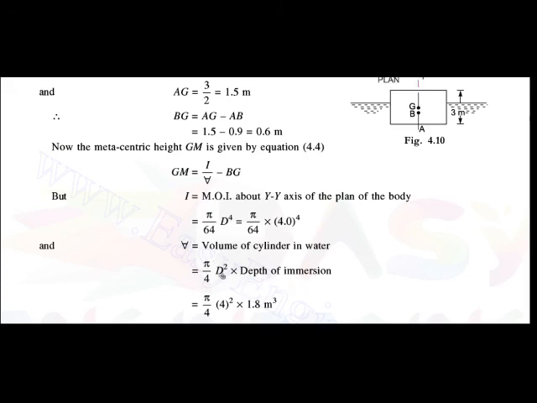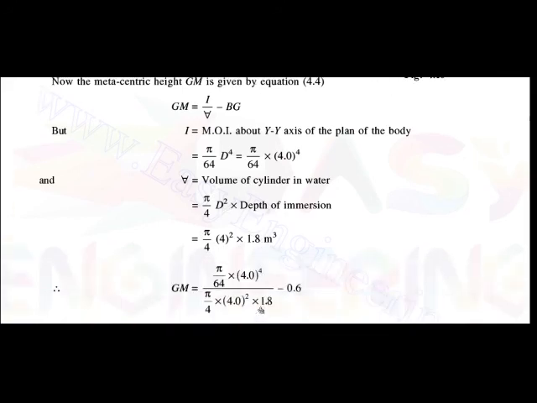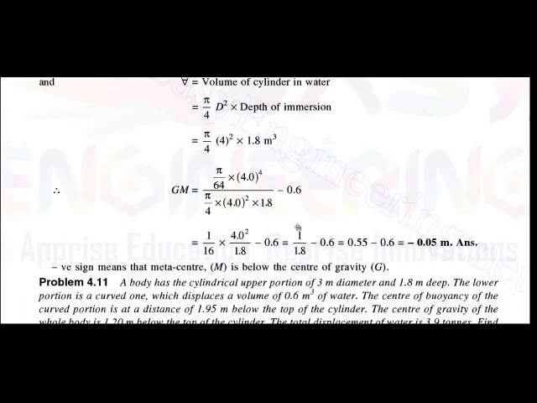So area is pi by 4 d square, that is pi by 4 into 4 square into the depth of immersion 1.8. So GM is equal to pi by 64 into 4 raised to 4 upon pi by 4 into 4 square into 1.8, minus BG, where the value of BG is 0.6. After calculating all these terms we get the value of GM as minus 0.05 meter.